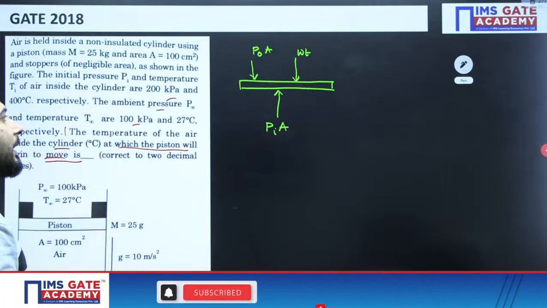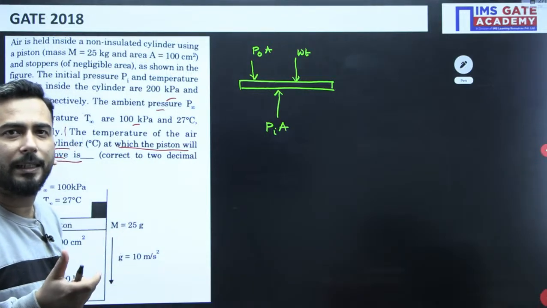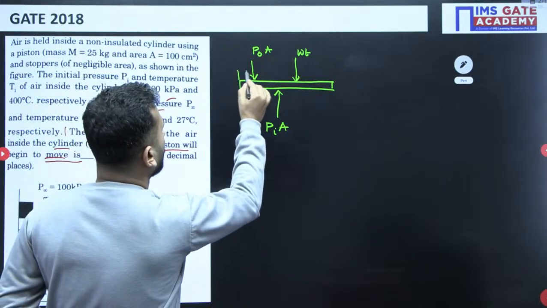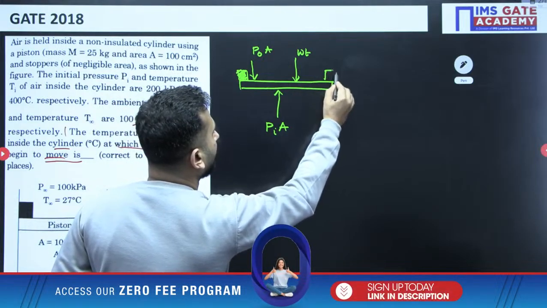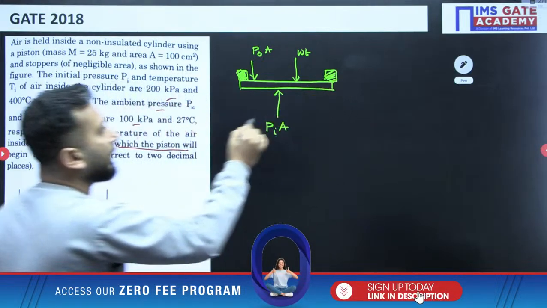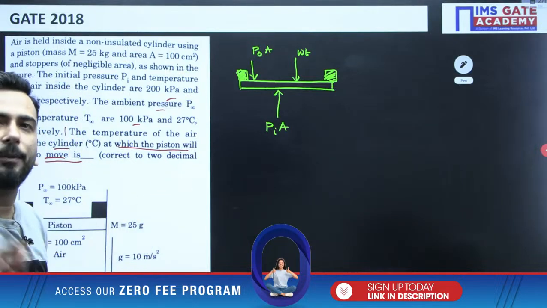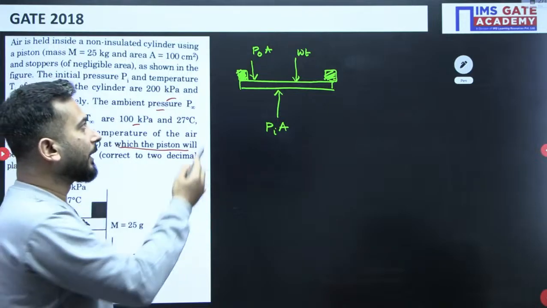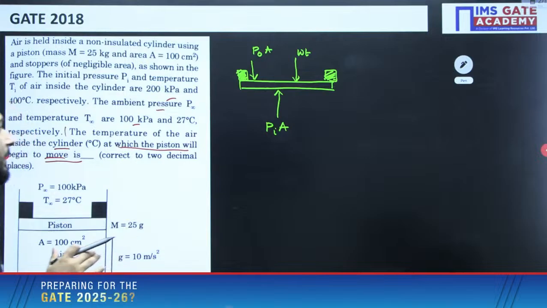This is the force that is there. If we apply the FBD, here the stops are also there, so I should draw the stops also. They are also exerting some force. Right now the forces will be balanced, whatever the force exerted by the stops or anything, it will be balanced.